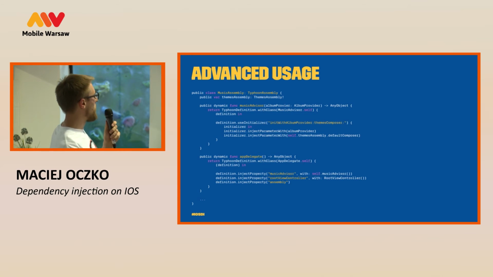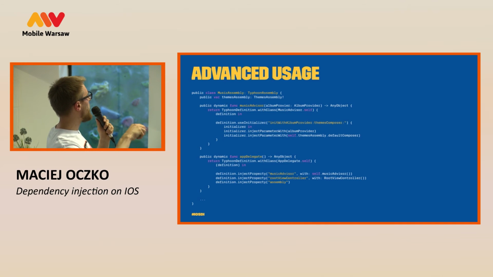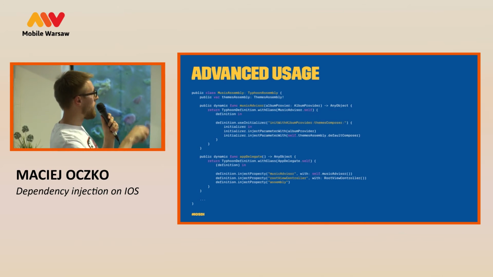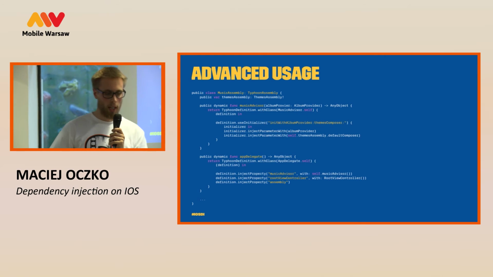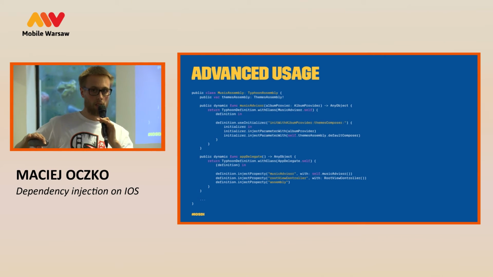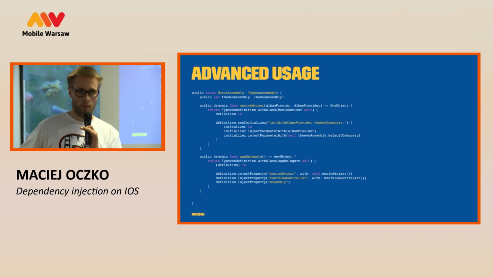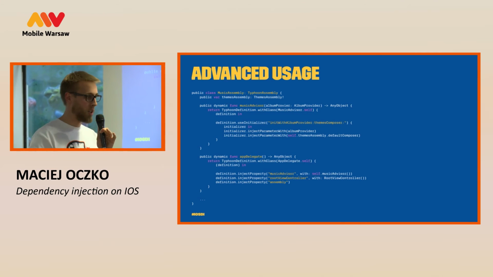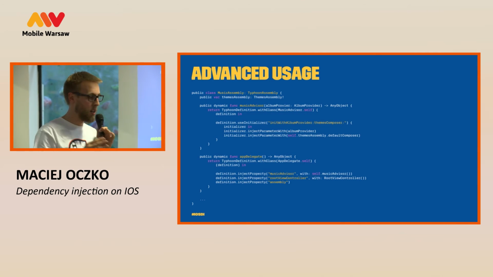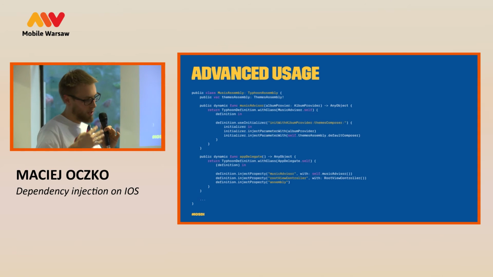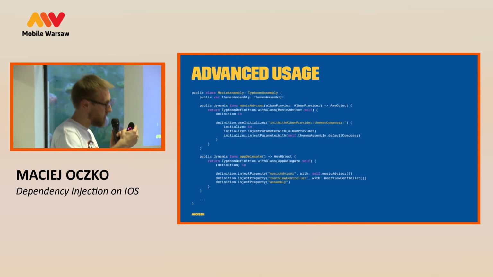What else can you do with Typhoon? First of all, the first line here, as you see, we have themes assembly. So we can split our configurations into different assemblies to make our design a little bit more clear and divide on functionalities.